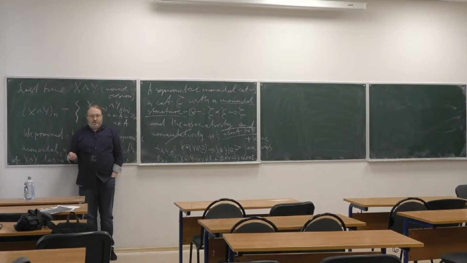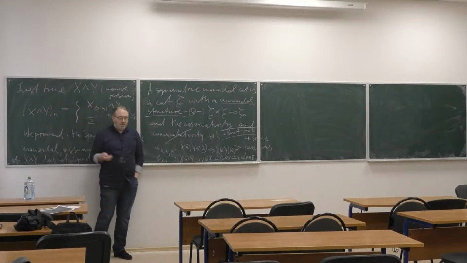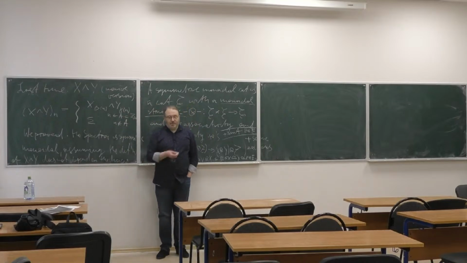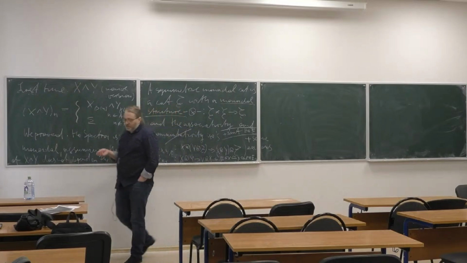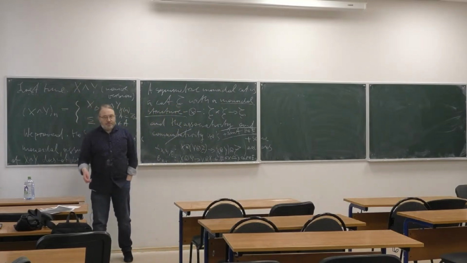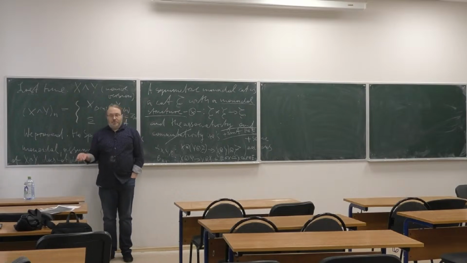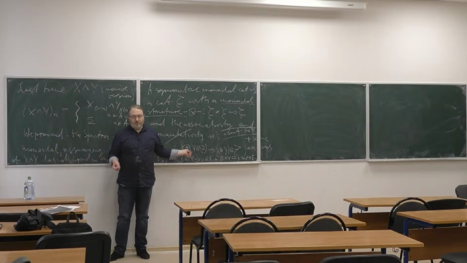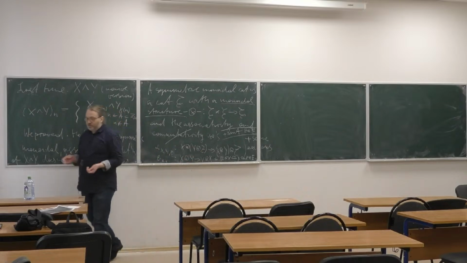Another example is groups with the direct product as the monoidal structure, and so on. Or modules over commutative rings. Again, we have the tensor product, which basically inspires the notation I'm using here. So those are all symmetric.